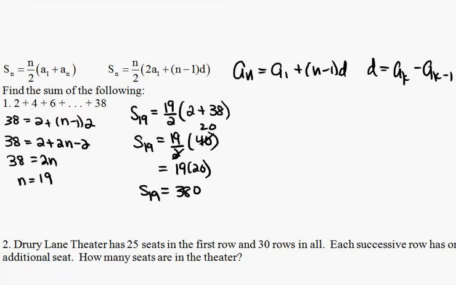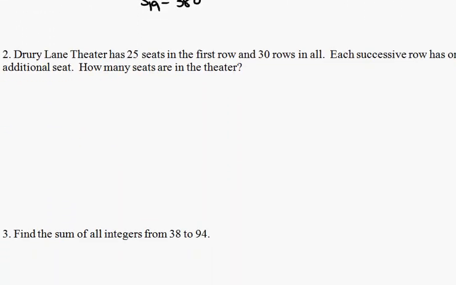Next one is a word problem where we have 25 seats in the first row, 30 rows in all. So the a sub 1 is 25, n is 30. Each row has one additional seat, so there's our common difference. So we can determine the sum of all 30 rows by using the longer formula. 30 divided by 2 times 2 times the first, there are 25 seats in the first row, plus 30 minus 1 times the common difference, there's one additional seat, times 1.